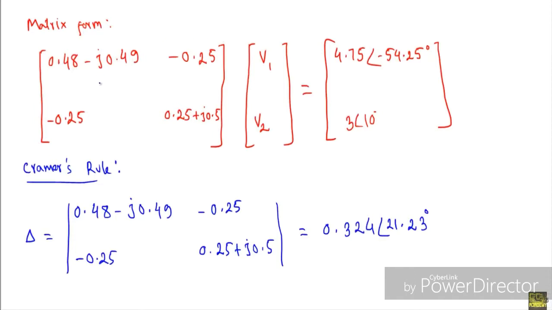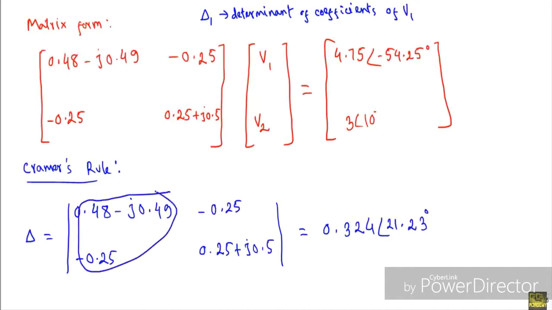After calculating the value of the determinant of the coefficient matrix, I can calculate the determinant of the coefficients of V1. In that case, I will replace this column with the values on the right side.